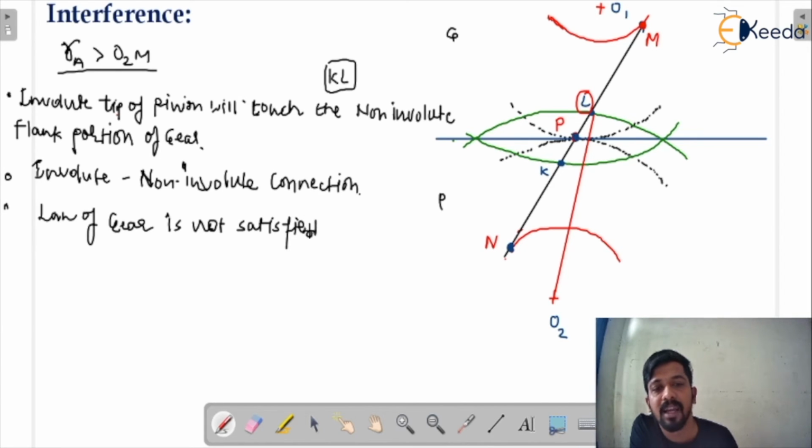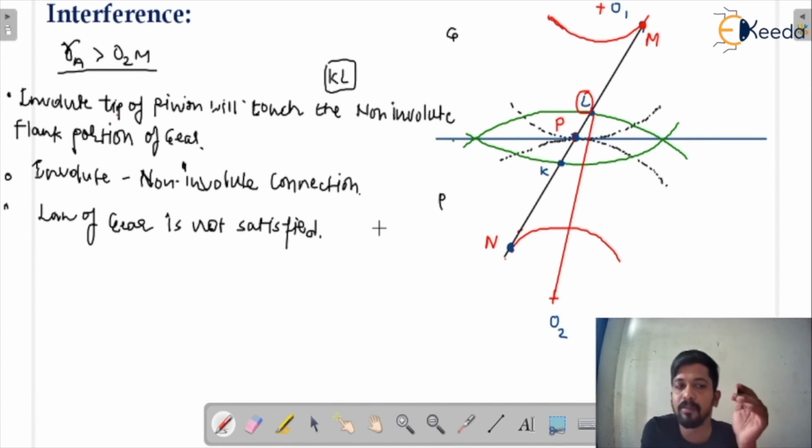See, when the involute portion of the pinion touches the non-involute flank portion of the gear, it will remove some material from the non-involute portion of the gear. Yes or no?